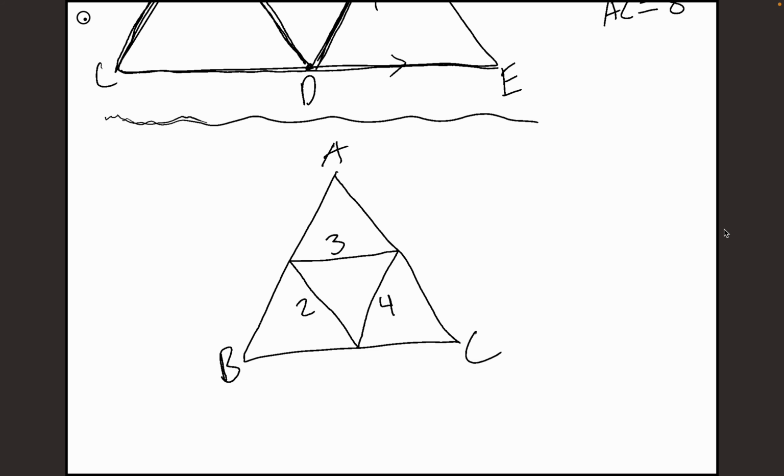If this mid segment's 3, what's the value of BC? What's the value of AC? 4. What was the value of AB? 8. So we add that together, and what would our perimeter be? 18. Because see how the mid segment's 2 right here? So this is half the value of this side.